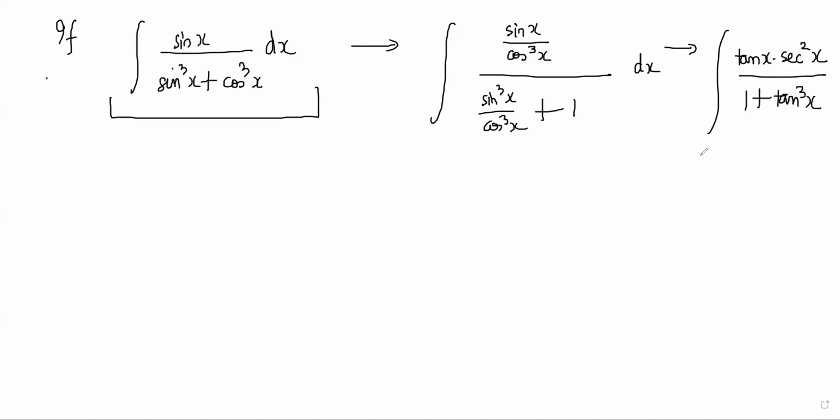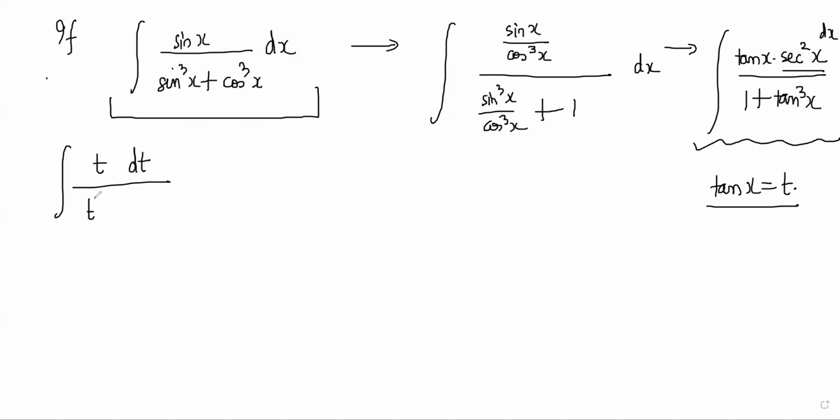So now it is obvious that you should take tan x equal to t as your substitution, because sec square x dx is already there. You will finally get t dt by t cube plus 1.